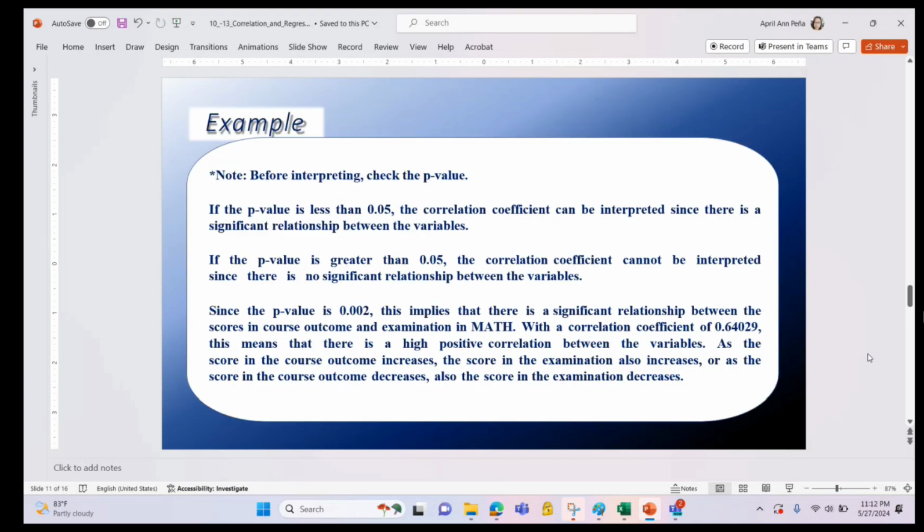To continue, this means that as the score in the course outcome increases, the score in the examination also increases. Or as the score in the course outcome decreases, the score in the examination also decreases.